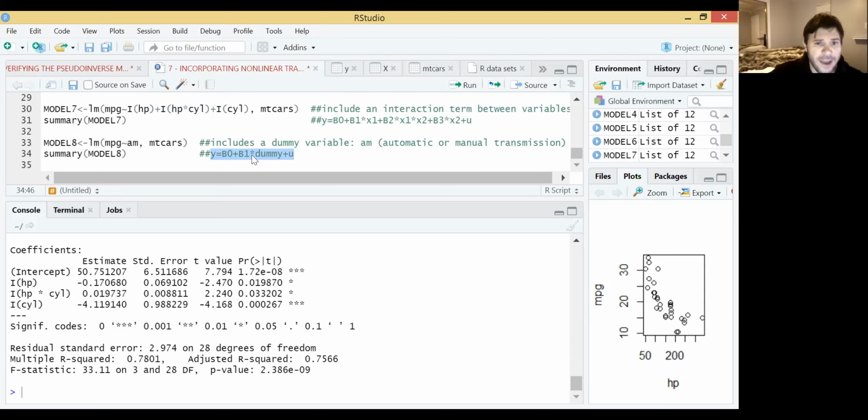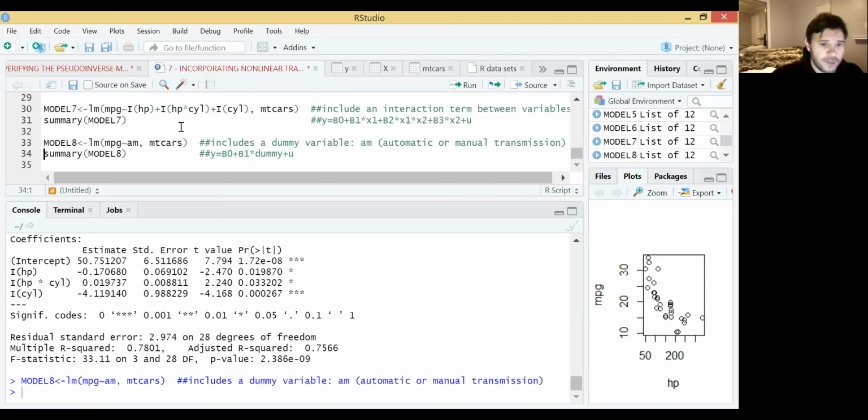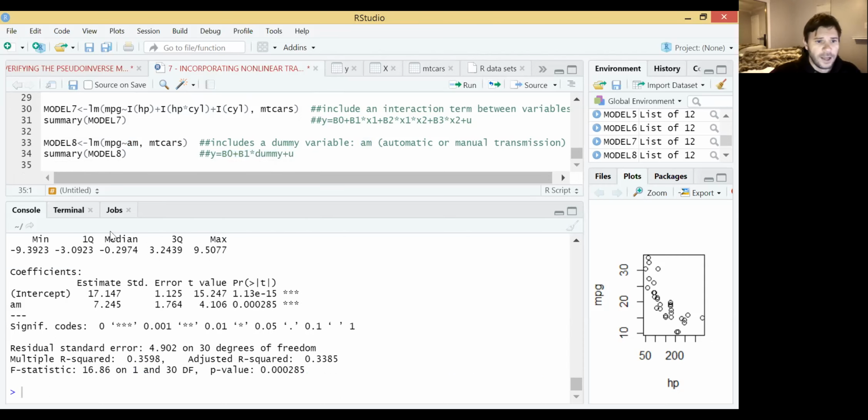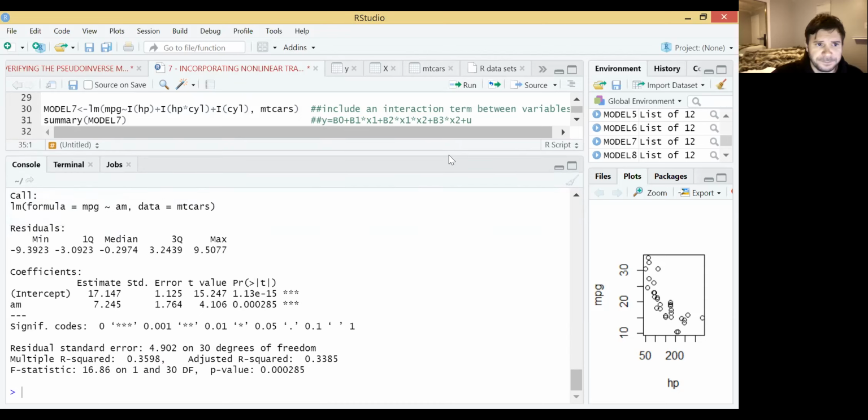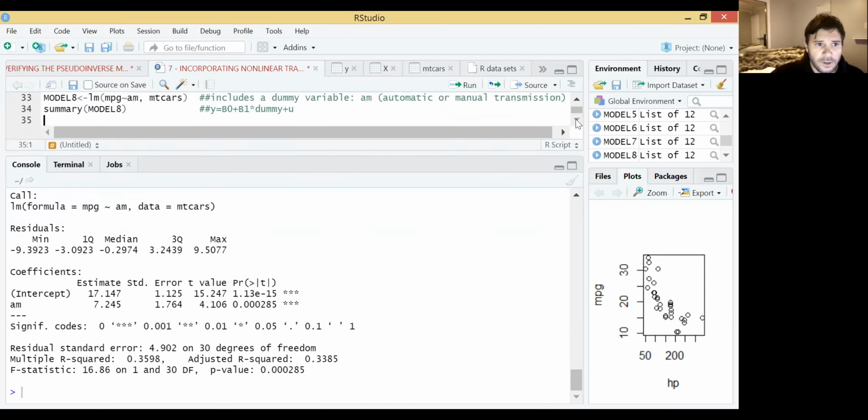But a dummy variable, a binary variable, 0 or 1, we can go ahead and build a model here if we were interested in thinking about whether having a manual transmission gets you better miles per gallon than an automatic. So here is model 8 where we're regressing the miles per gallon specifically on the transmission type.